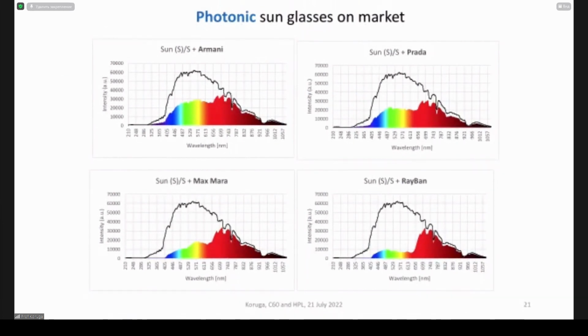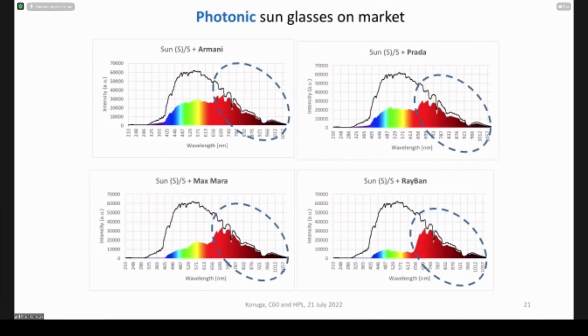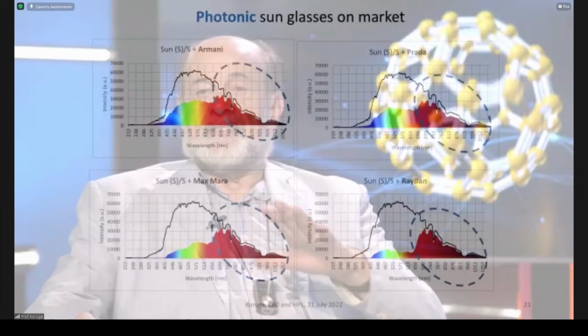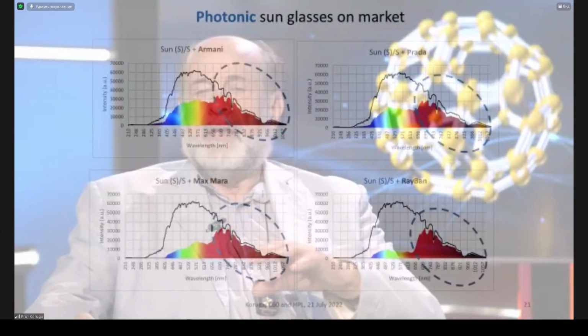I will just say a few words about eyewears. On this slide you have four well-known brands of sunglasses on the market, and as you can see, all of them have this solution in the field of infrared, and this is not good. Why?